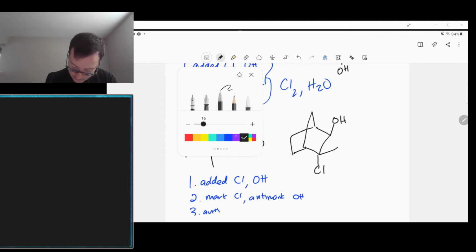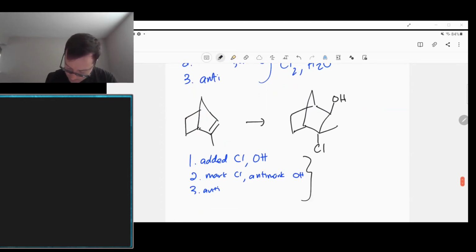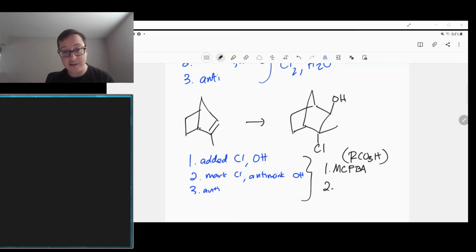So this will be MCPBA, or just RCO3H, whatever, that's okay too. And our second set is just NaCl. So we're doing an SN2 type pop it open, and there we have it. We're doing an SN2 type of reaction there.